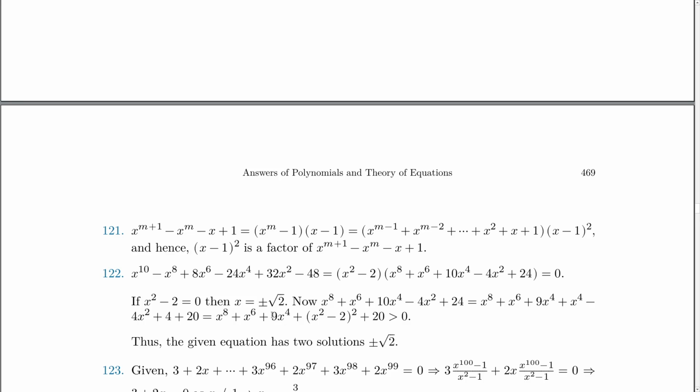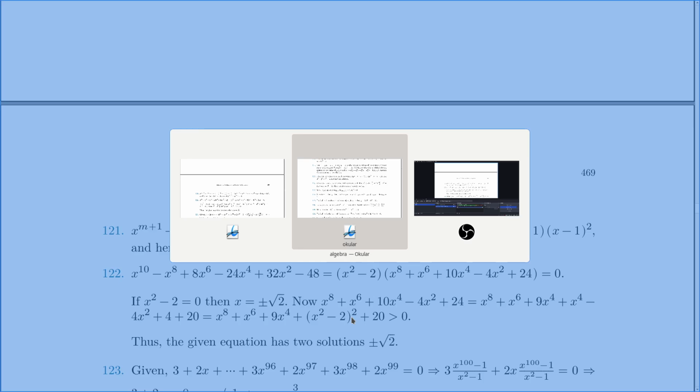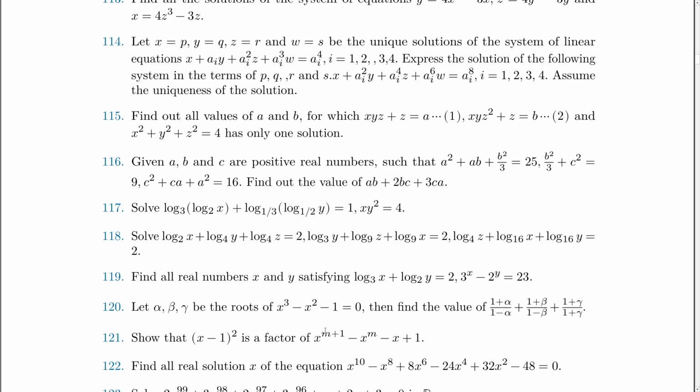Now these are even powers of x, so for all real values, this would be greater than 0. And then we have 20, which is positive, so greater than 0. And we also have x square minus 2 whole square here, which is again a square, so it would be greater than or equal to 0. Thus, the given equation has only two solutions, plus minus square root of 2.